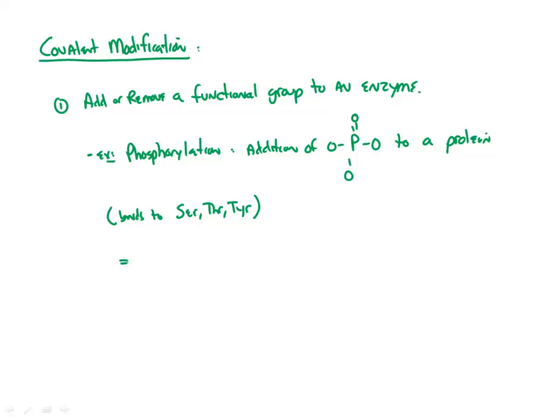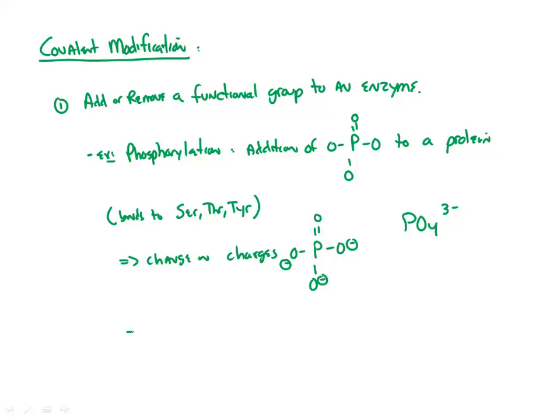And what this does is it leads to a change in the charges. Because remember, a phosphate group generally looks like this, meaning it has a bunch of negative charges on those oxygens. And if we write it like chemists do, we would just write PO4 3-, right? Meaning a phosphate ion normally has a -3 charge.